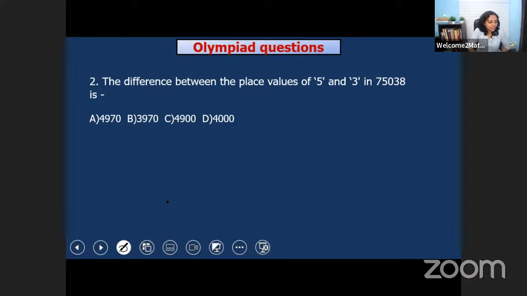So our question is the difference between the place values of 5 and 3 in 75,038. Okay, that we have to find out.